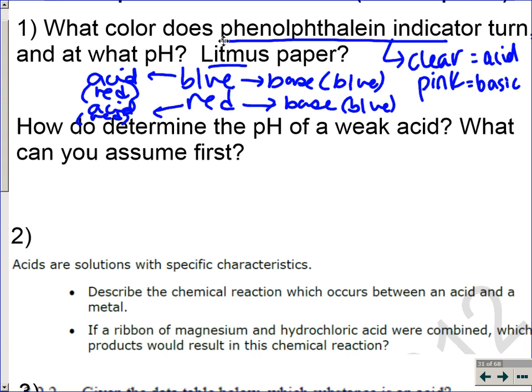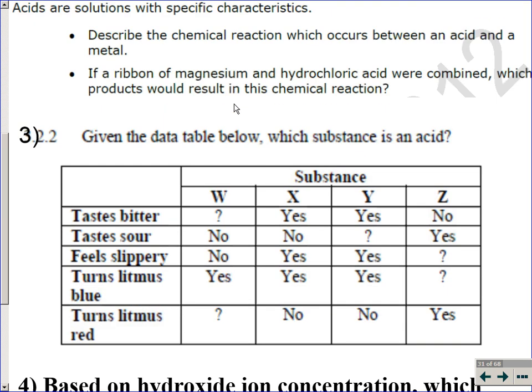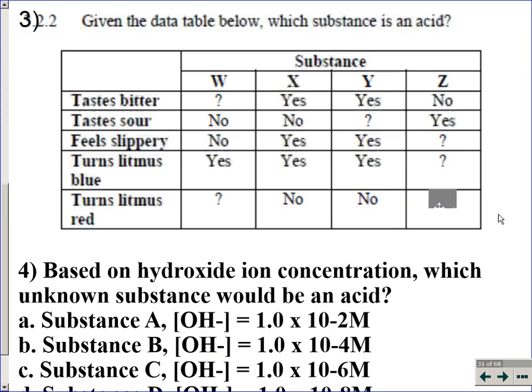All right, down here, I'm going to go down to this data table first. Decide which substance is an acid. Talk in your groups. Take like 30 seconds.